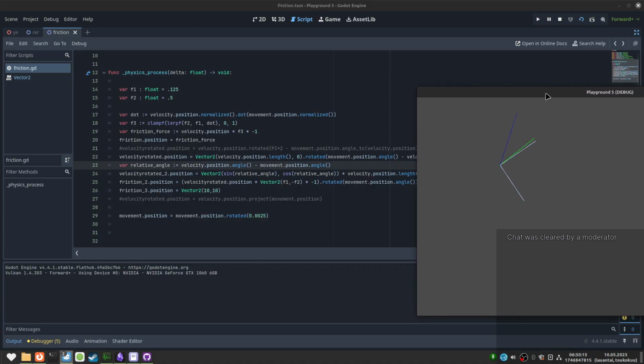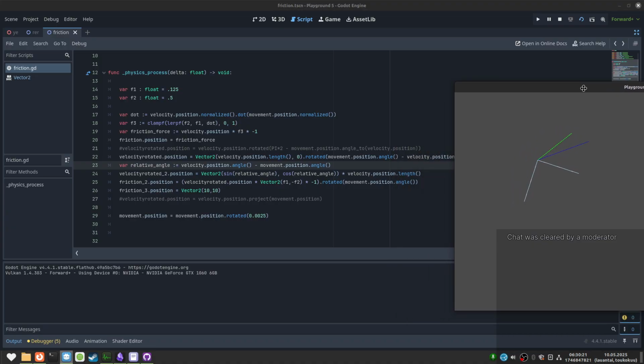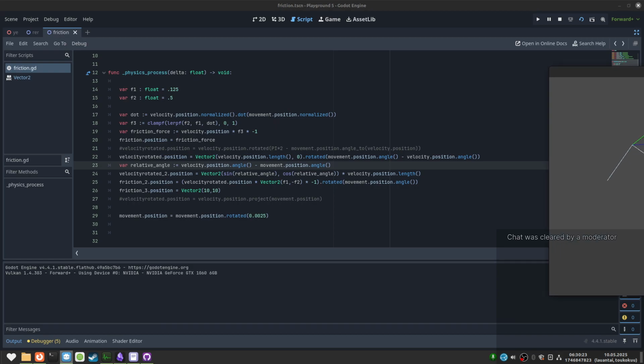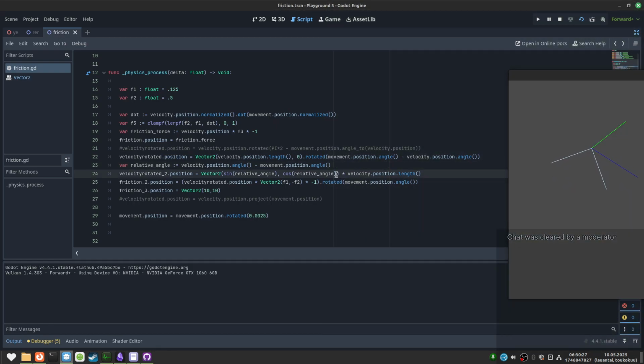Not quite, not quite. They're moving the same direction, but they're 90 degrees apart. Let me put this here and make it always on top. Okay, now they're... Maybe it was correct the first time around. Now they're the same, probably.